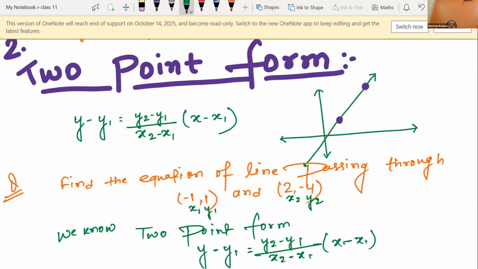Next class, I'll be giving you three more formulas, and then I'll show you all the different types of questions. According to the given data, you will pick the formula. Whatever data is given, accordingly you will pick the formula. The motto is the same, getting the equation of a line.